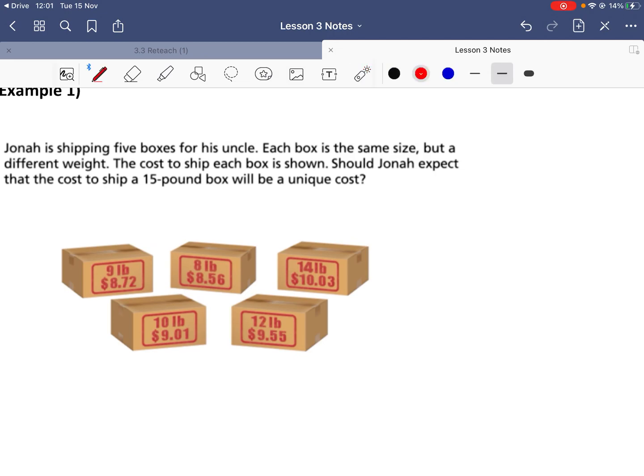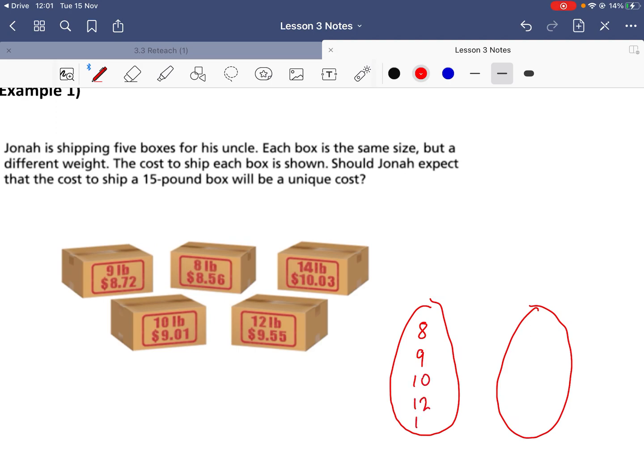Well, we can see if we set this up using mapping, we would have 8, 9, 10, 12, and 14, and 8.56, 8.72, 9.01, 9.55, and 10.03.